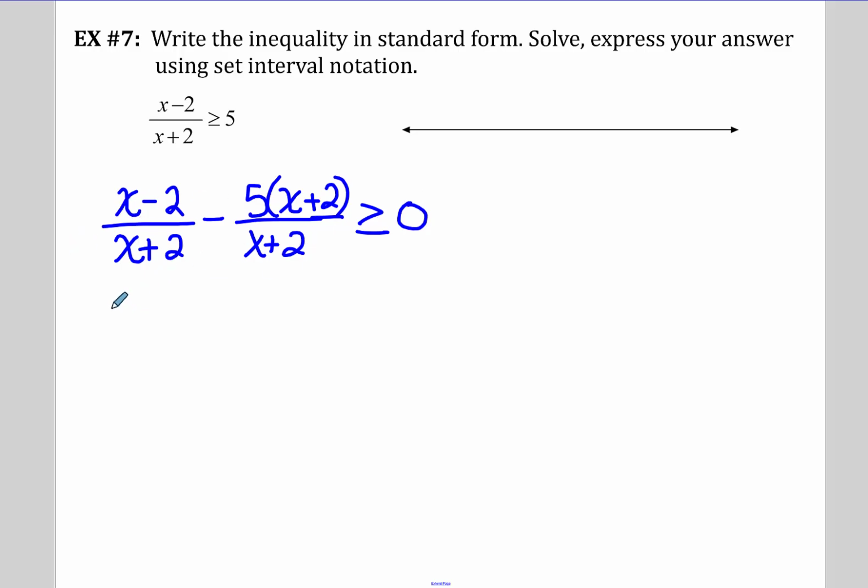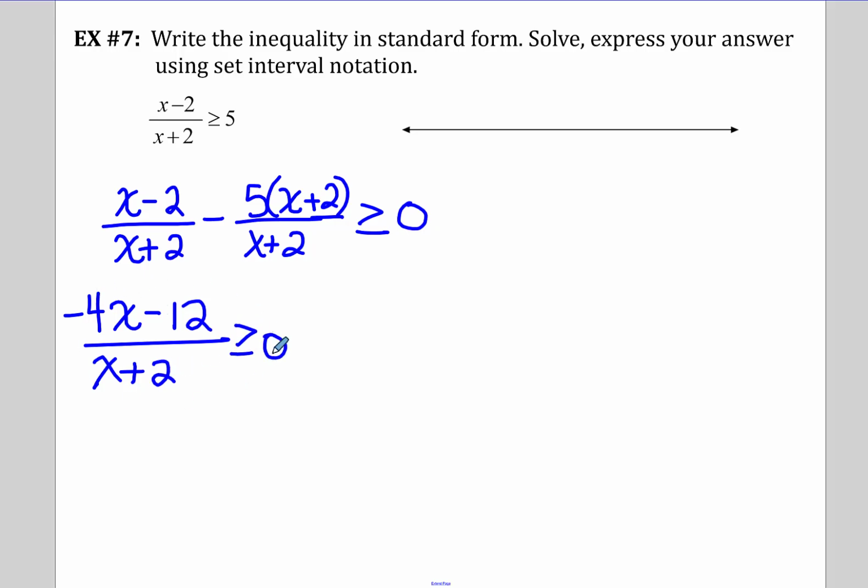So cleaning all of this up, we'd have x minus 2 minus 5x, so that looks like minus 4x, and then negative 10 minus 2 is negative 12 over that common denominator.